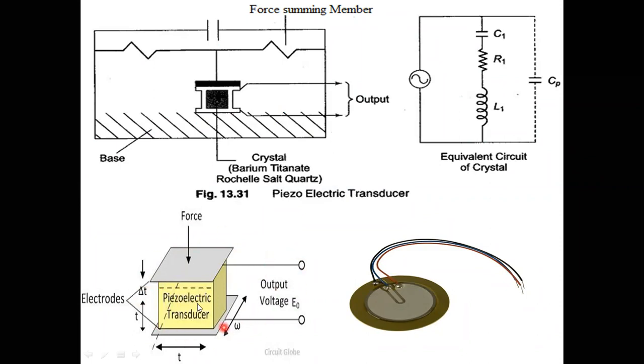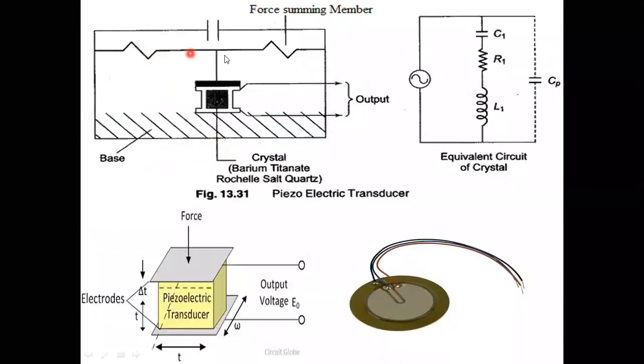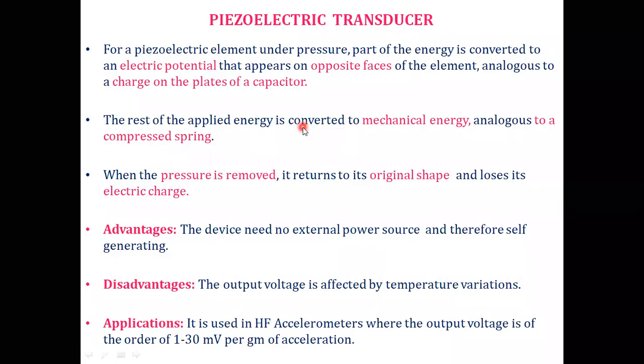It is just like a capacitor. The rest of the applied energy is converted to mechanical energy, analogous to a compressed spring. The force summing member acts as a compressed spring.